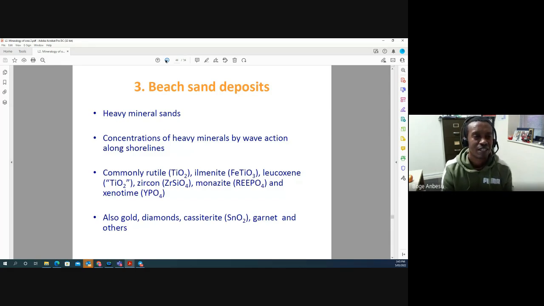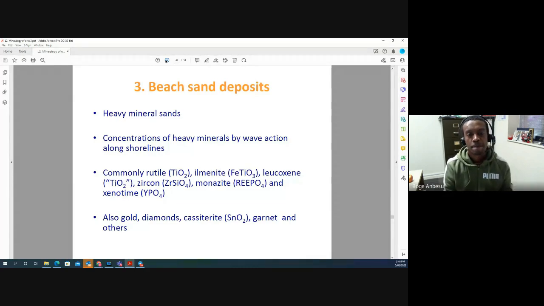So what do we find in beach sand deposits? Typically we have rutile for titanium, ilmenite, another source for titanium, zircon, even rare earth minerals containing monazite. In monazite we have, for example, cerium and so on, which are used in batteries. You can have xenotime, another source for yttrium, and a number of other commodities, even diamonds and cassiterite.